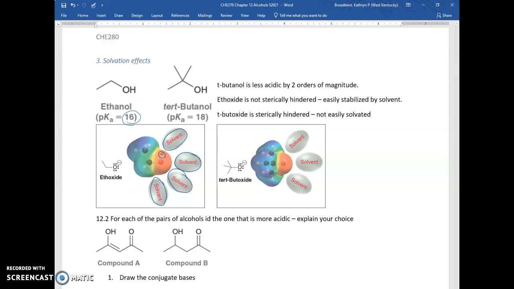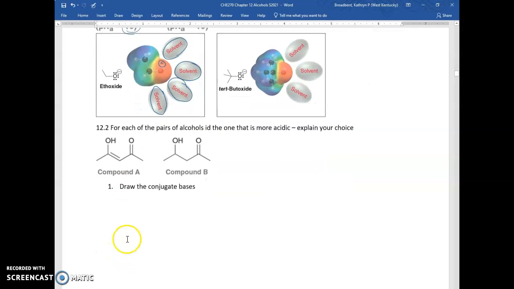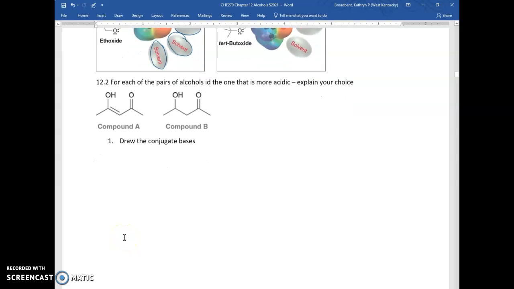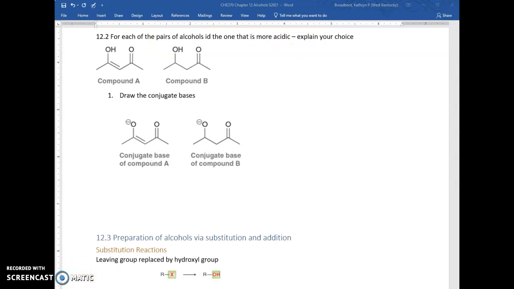So for each of the pairs of alcohols, we need to identify the one that's more acidic and explain our choices. So the first thing we're going to do is draw the conjugate bases. And we want to compare the stability of these two compounds.